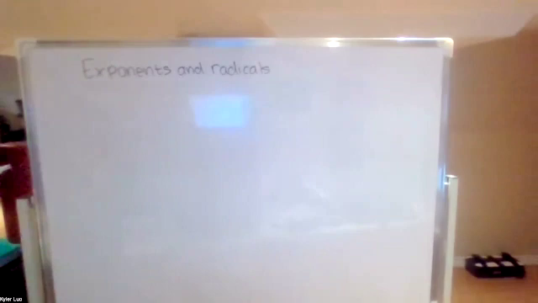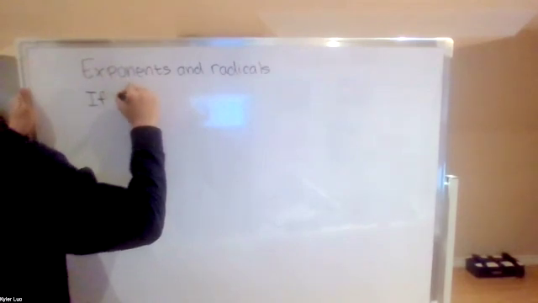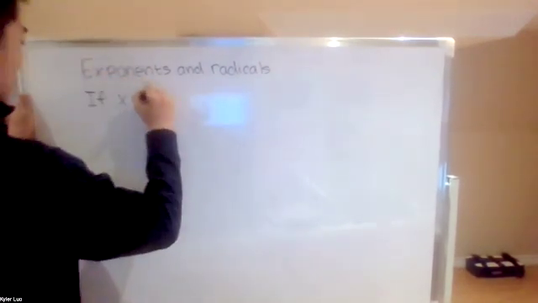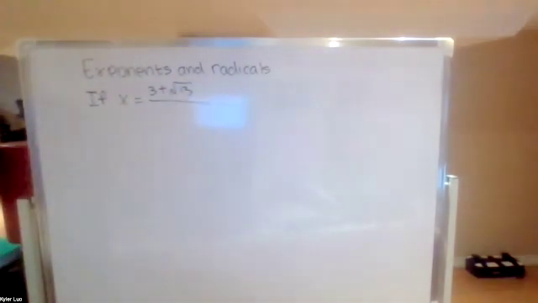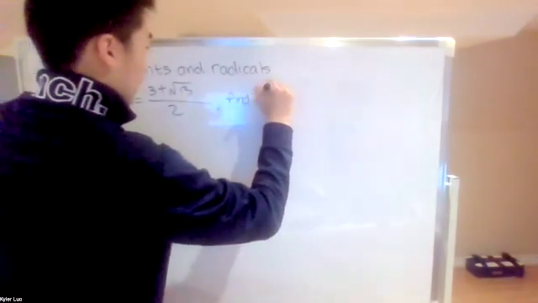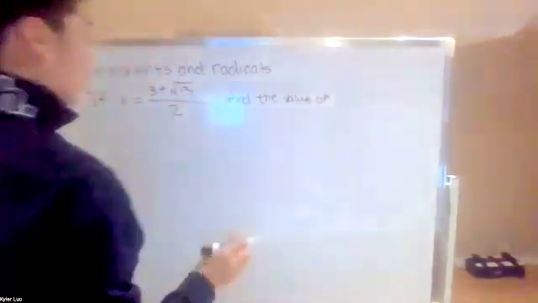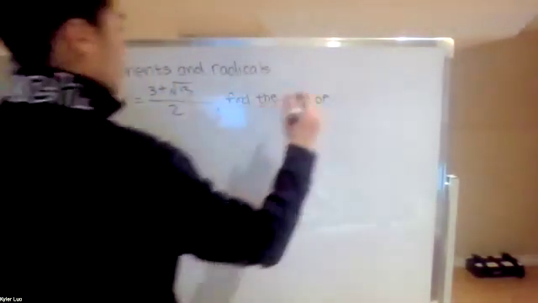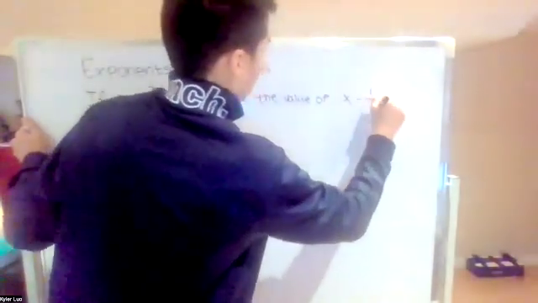Example. So if x equals 3 plus square root of 13 divided by 2, find the value of x minus 1 over x.